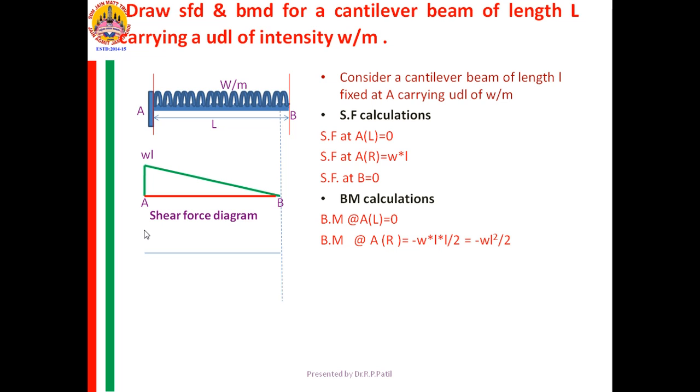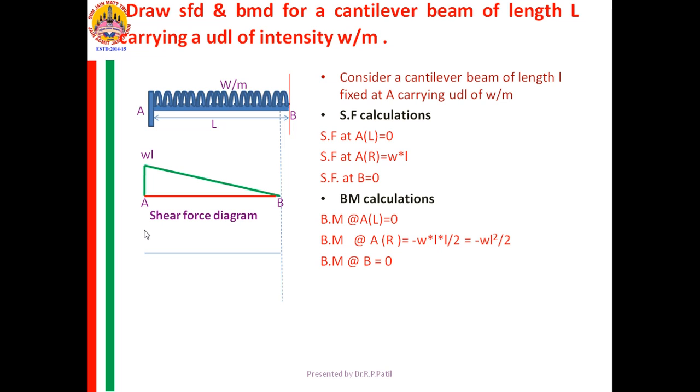Now one more thing. I know BM at A left, BM at A right, I want BM at B. Now I am taking the right part for the calculation. What is there on the right part? Nothing is there. Therefore BM at right of B, BM at B is equal to 0.